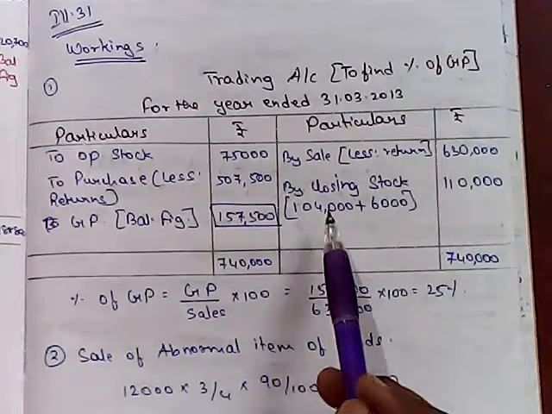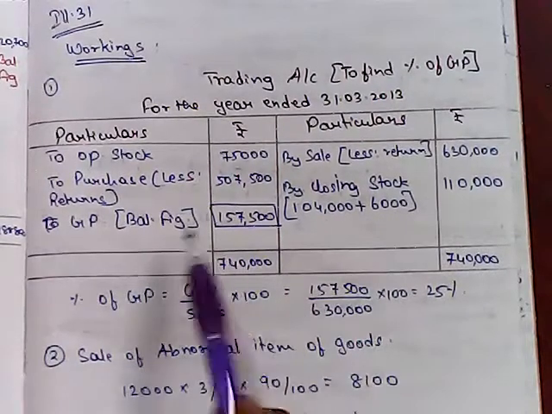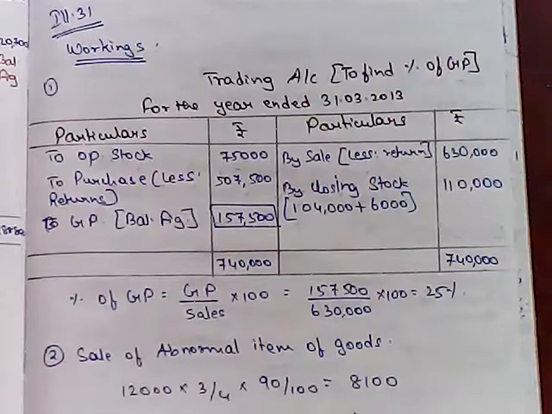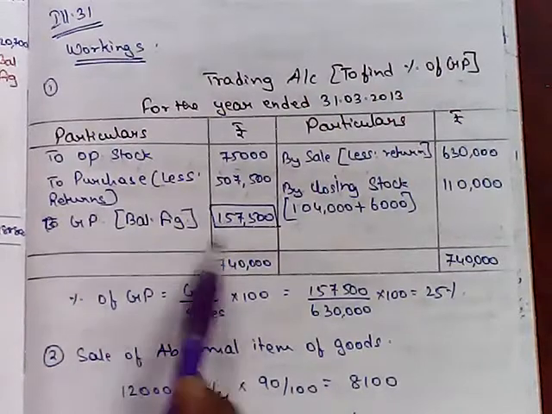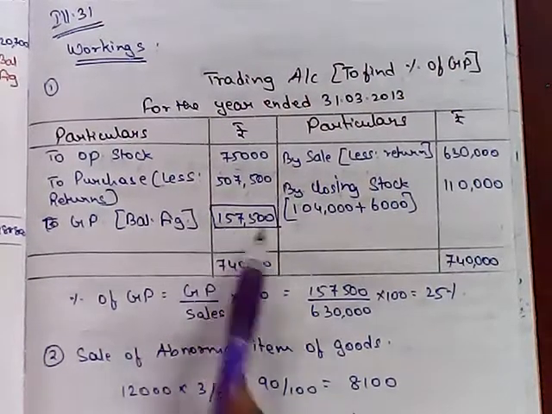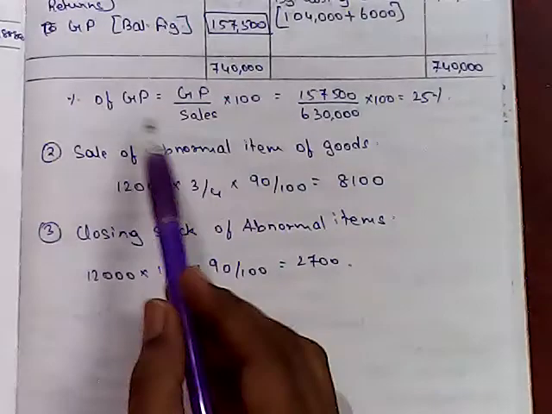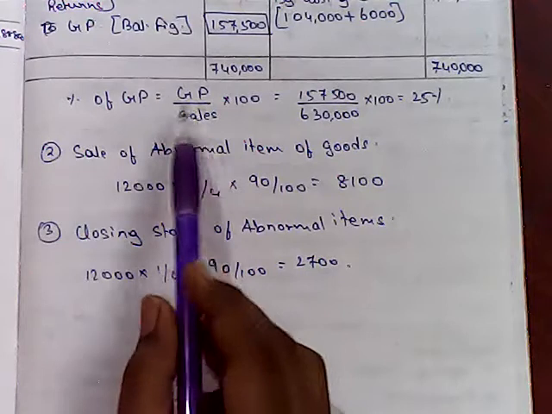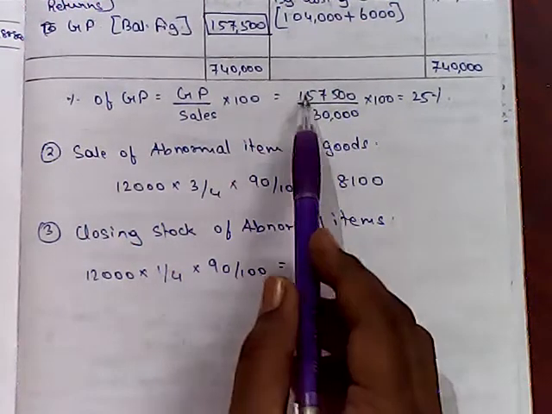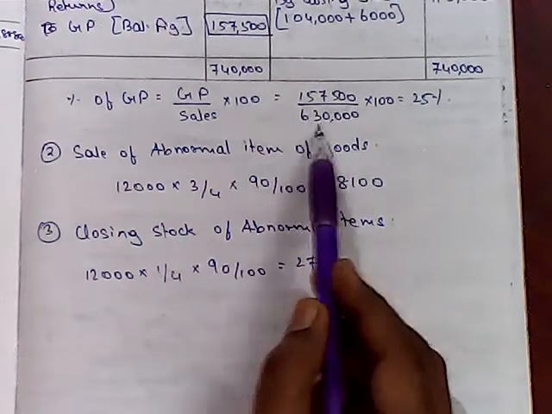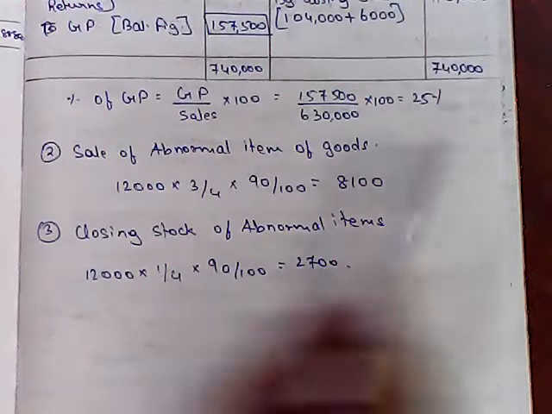Please read the question carefully. So you will get the GP, that is the balancing figure in the debit side, which is 1,57,500. This is the balancing figure. Then we can find out the percentage of gross profit, which is GP divided by sales into 100. So 1,57,500 divided by 6,30,000 into 100 is 25%.